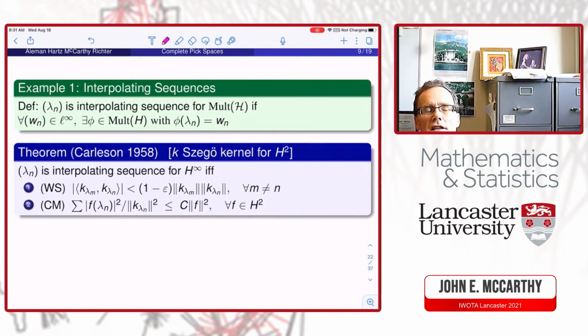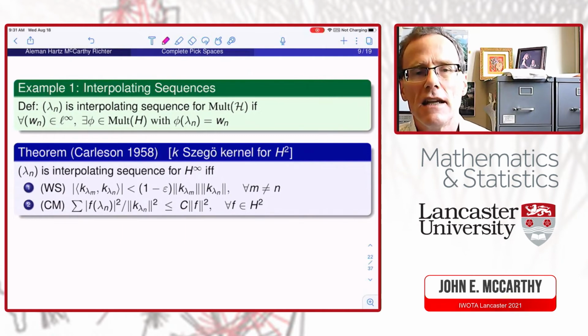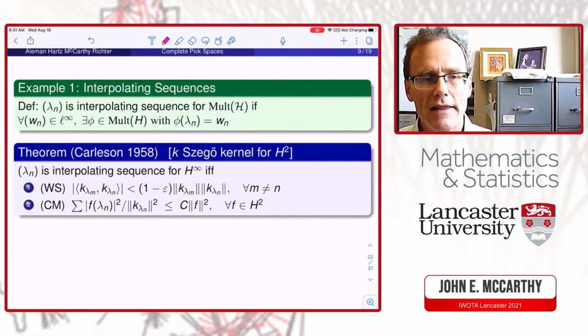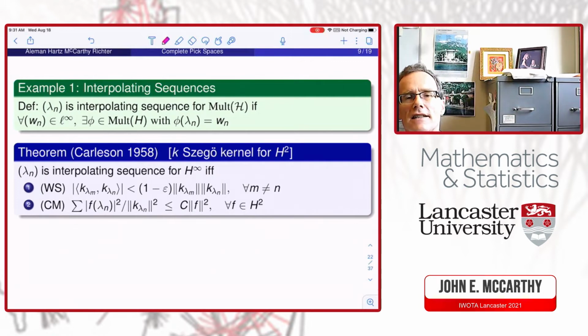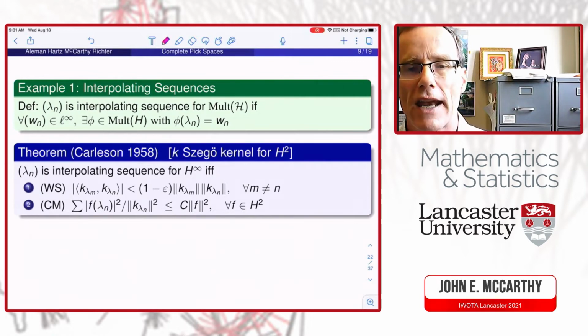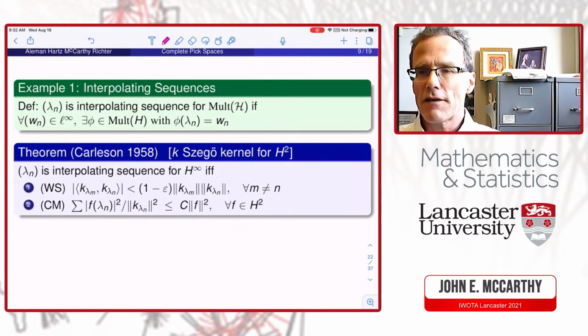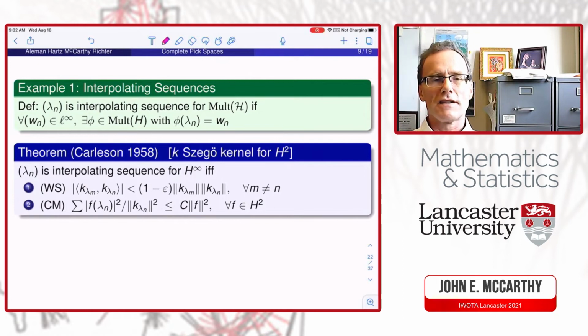And Carleson characterized interpolating sequences for H infinity in 1958. So in this theorem, I'm going to use K for the Szegő kernel for H2. Earlier, I was calling it S, but now I'm going to call it K. So there are several ways of stating Carleson's theorem, but this is one of them. The sequence lambda n of points in the unit disk is interpolating if and only if it satisfies two conditions.